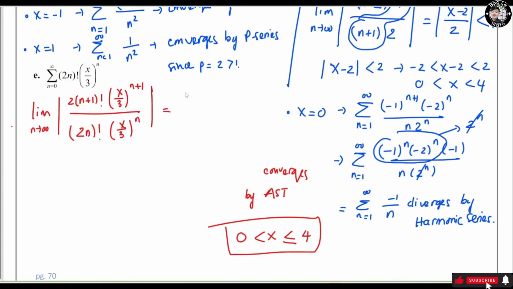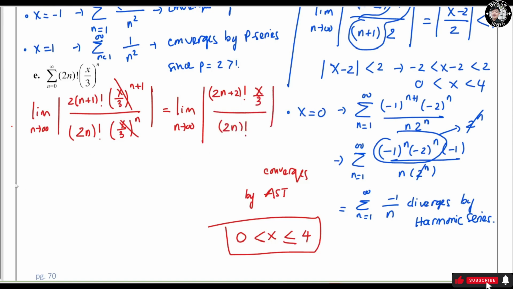So this turns out to be the limit when n approaches infinity of the absolute value of (2n+2)!. Now (s/3)^(n+1) and (s/3)^n cancel out, you have s over 3 left on the top. The bottom is (2n)!.